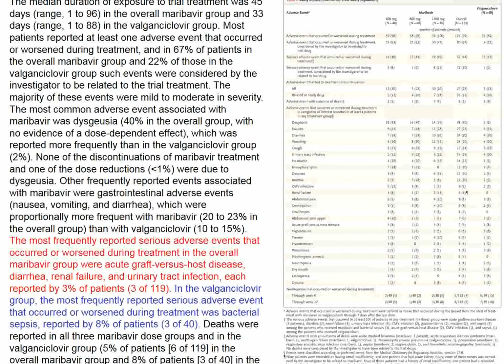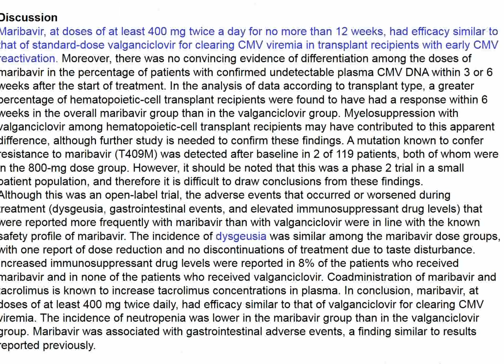In the valganciclovir group, the most common reported serious adverse event was bacterial sepsis, and there were instances of death. So there are adverse events with either of these two treatments, but then again, reactivation of CMV also is associated with decreased survival and a variety of problems.